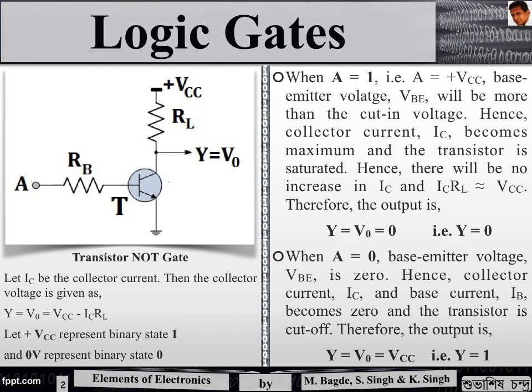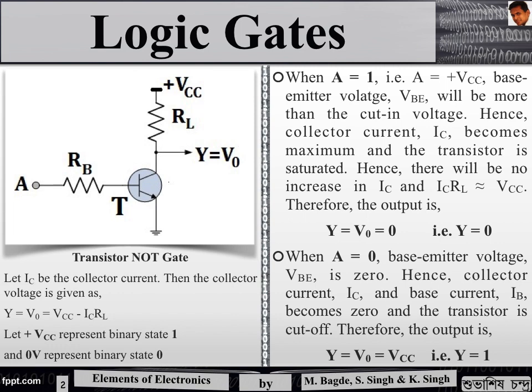So in the first case, we apply A equals 1, that is we apply VCC to the transistor T. The base emitter voltage VBE is more than the cut-in voltage of the base emitter terminal of the transistor T, and hence the transistor becomes saturated and the entire collector current passes through it, and hence there is no voltage drop at Y and we get Y equals 0.